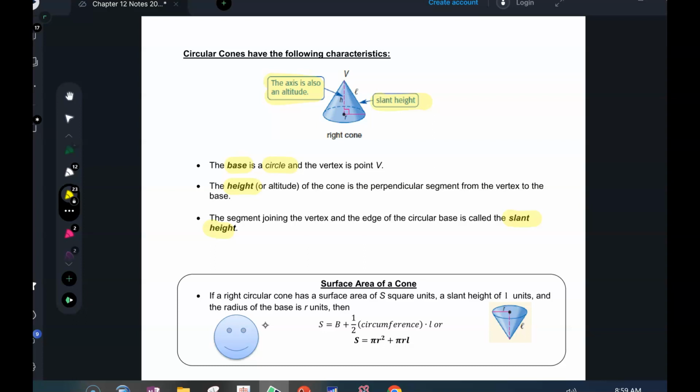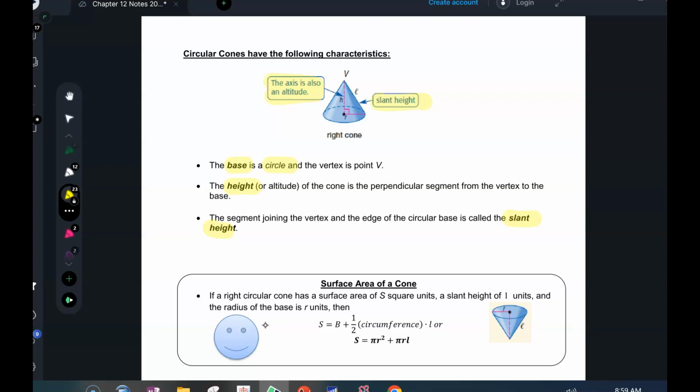Think of this formula the same as the last one. What was the last one? It was area of the base plus perimeter times slant height divided by 2. Well, in a cone, we have the area of the base, but we don't say perimeter, we say circumference. So it's really the same formula.